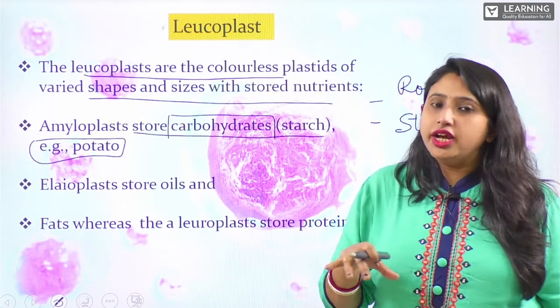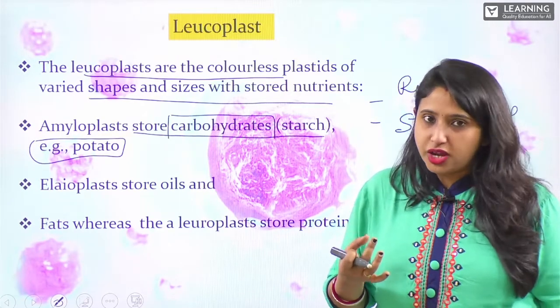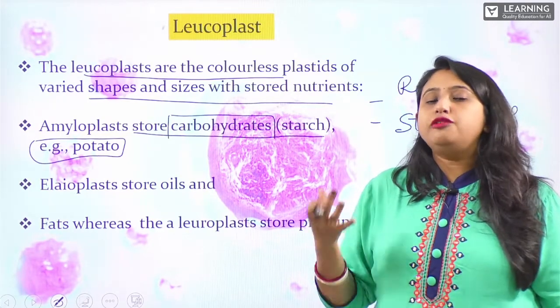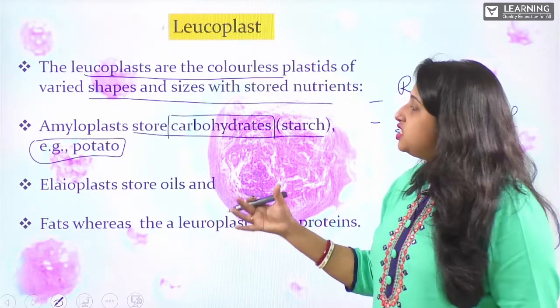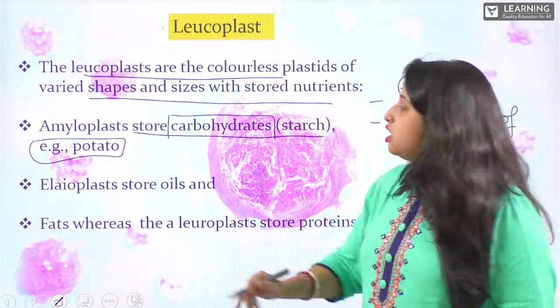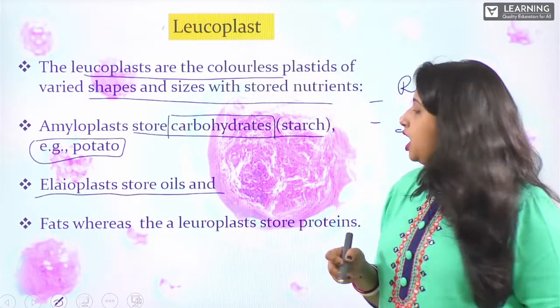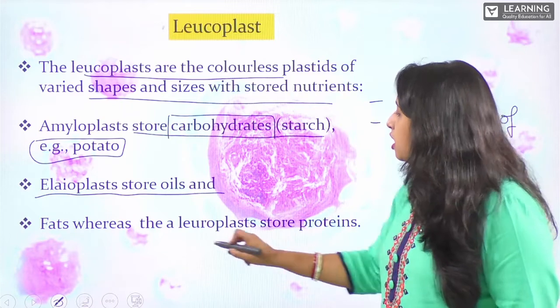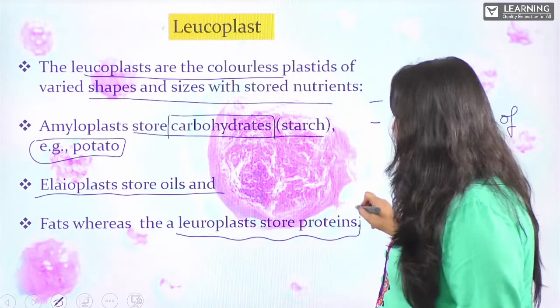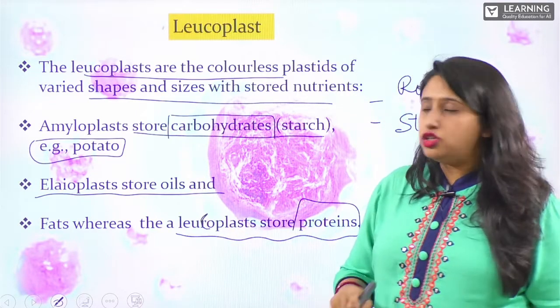As I said, leucoplast is basically present in the root part of the plant, so it is responsible for the storage of food. So basically in the potato, amyloplast is present. Elaioplast also stores oil and fats, whereas the aleuroplast stores the proteins. It also stores protein.